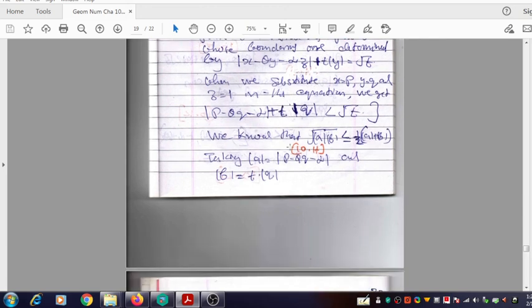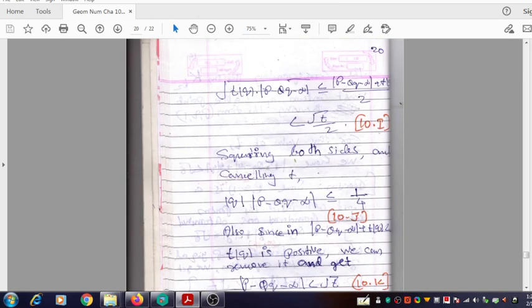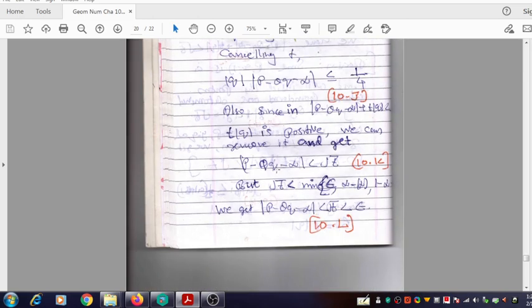It can continue even if we remove this positive quantity. So we get that modulus of p minus theta q minus alpha is less than root t. By removing this quantity from that inequality, we get that it is less than root t.